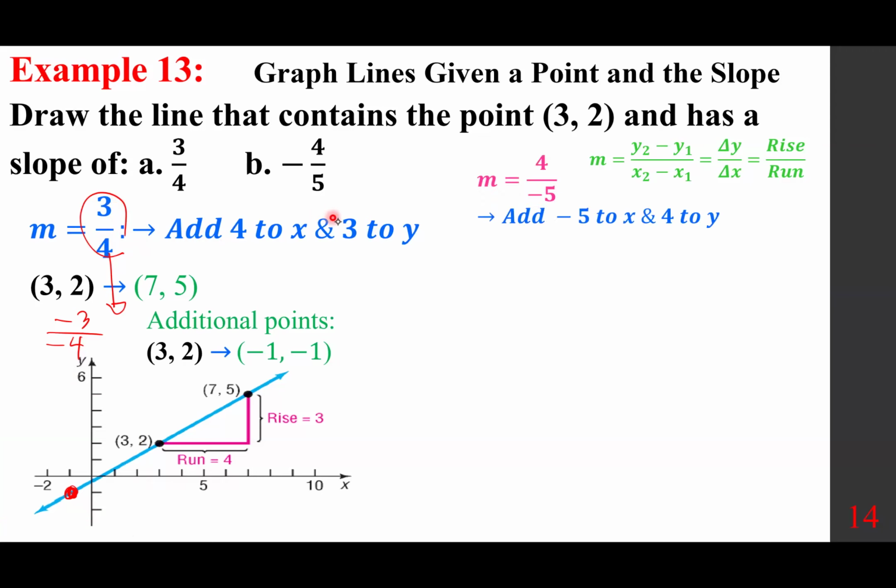When you look at this one, anytime the slope is negative, you have to decide where to put the negative sign, either at the top or at the bottom. You can't keep it in front of a fraction bar if you want to make up a new point. So for example, you can write -4 over 5 or 4 over -5. If you write it in this fashion, now -5 gets added to x, -5 and 3, -2. And 4 gets added to y, that means 6.